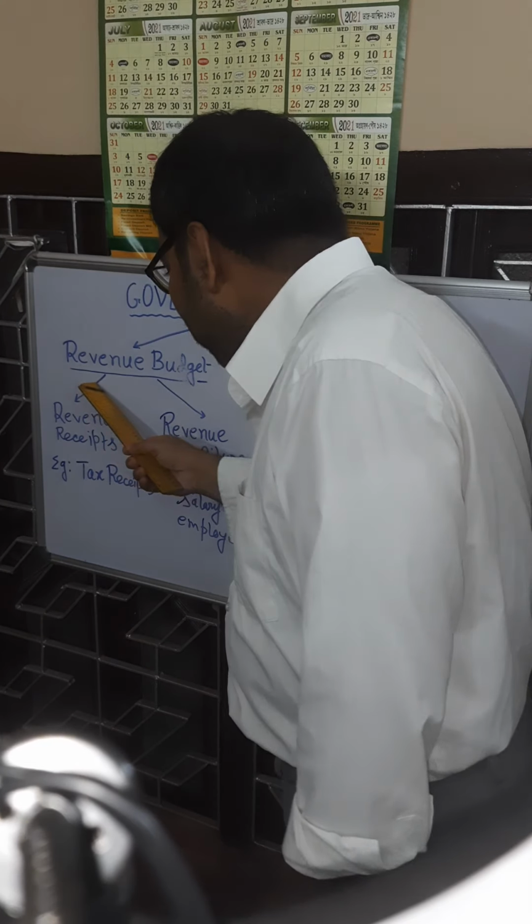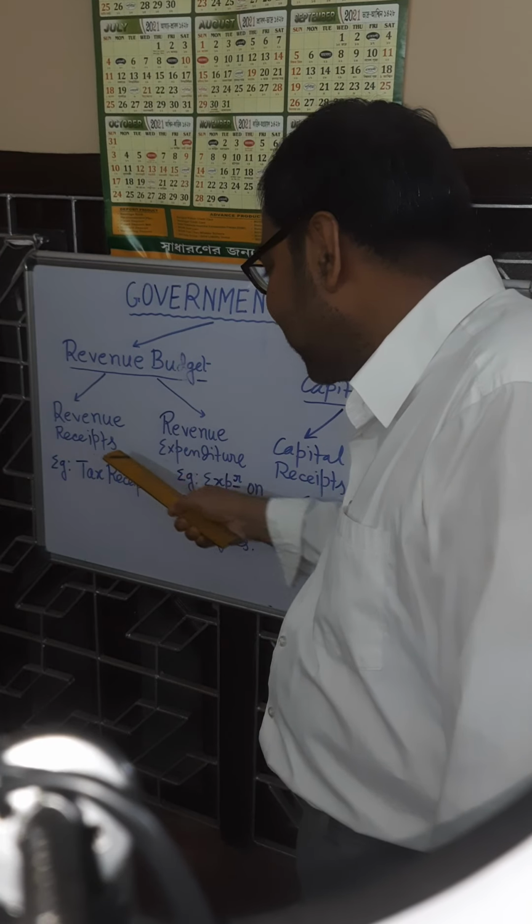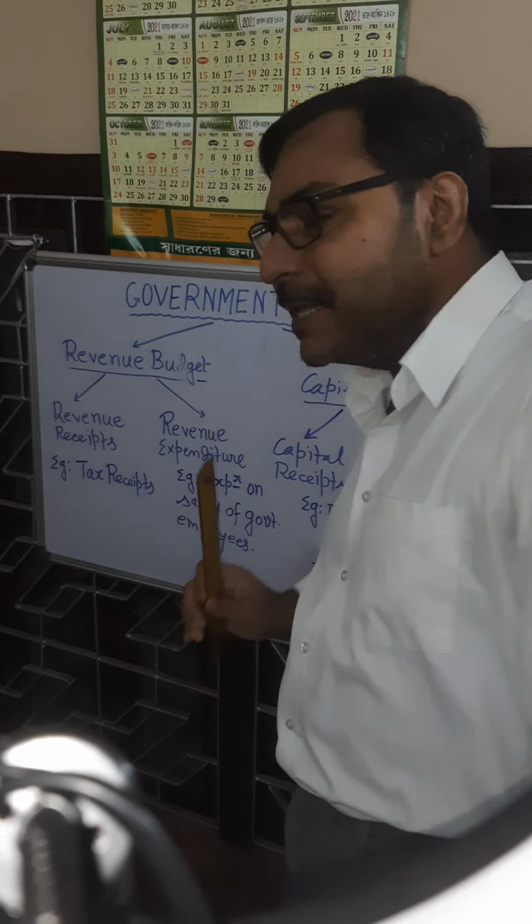When we talk about revenue budget, this budget should have a statement about its receipts and also about its expenditure. So revenue budget is again classified into two: revenue receipts and revenue expenditure.